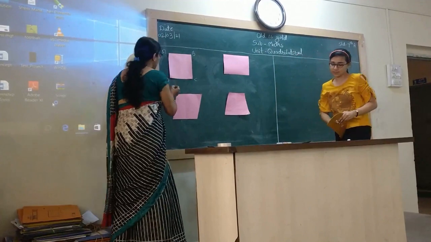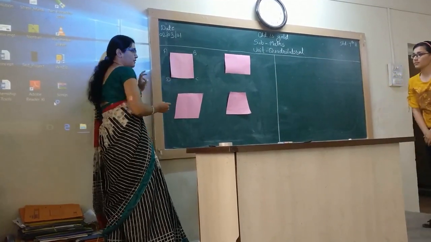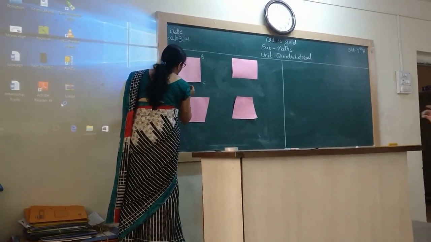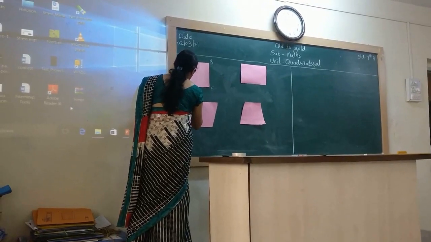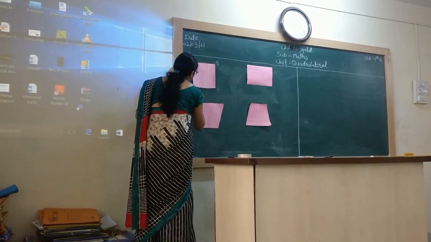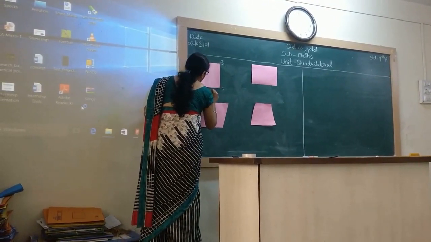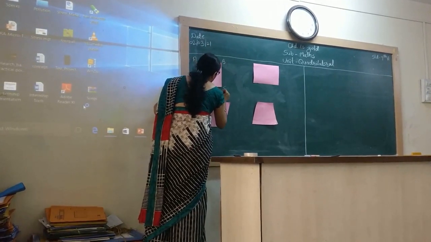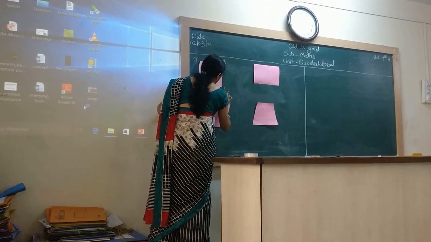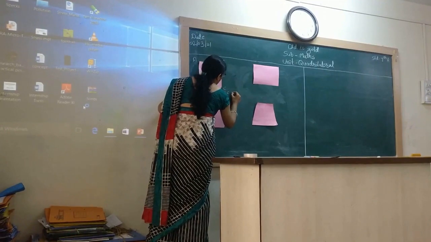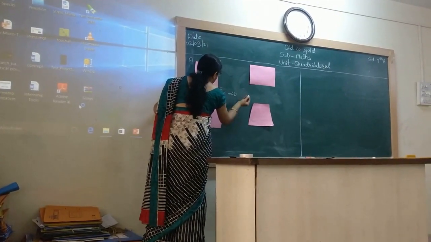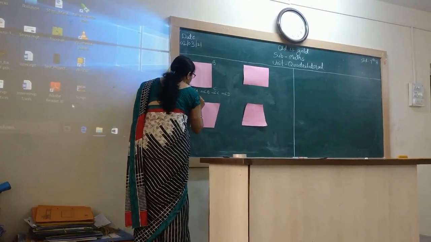So all the angles of this square are 90 degrees. So we can write down here: measure of angle A, measure of angle B, measure of angle C, and measure of angle D. All are 90 degrees.